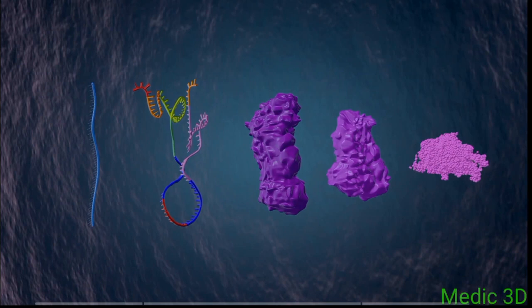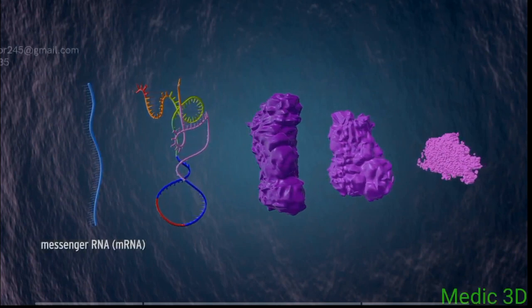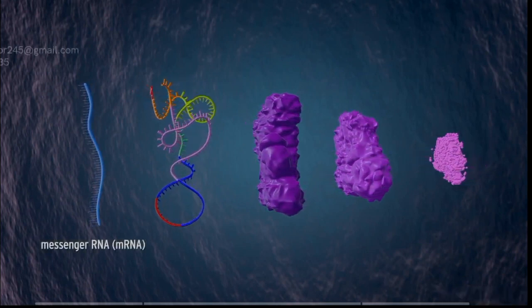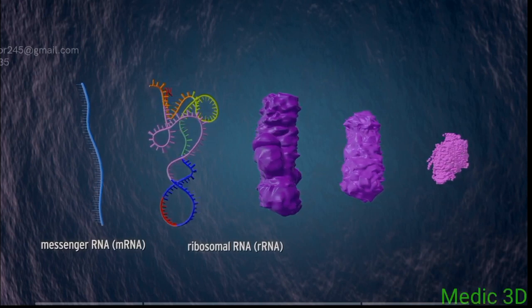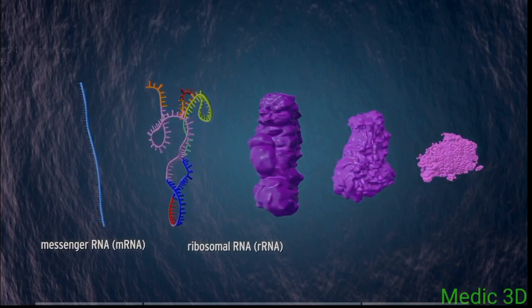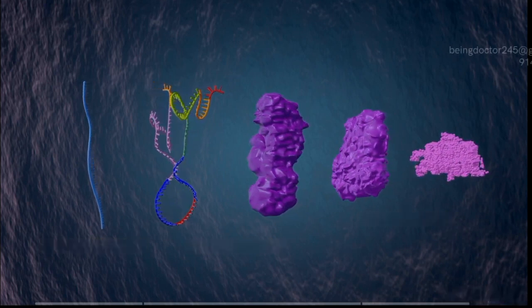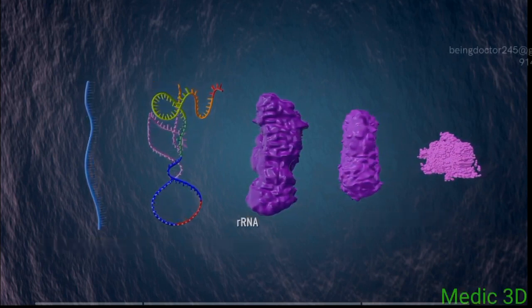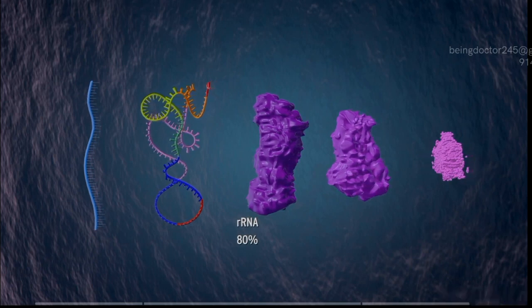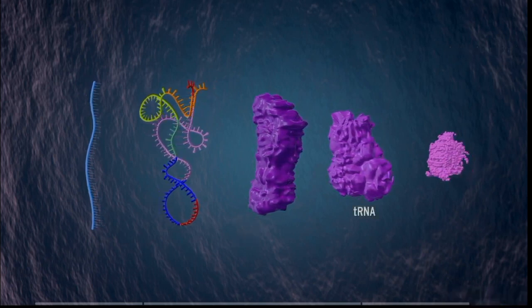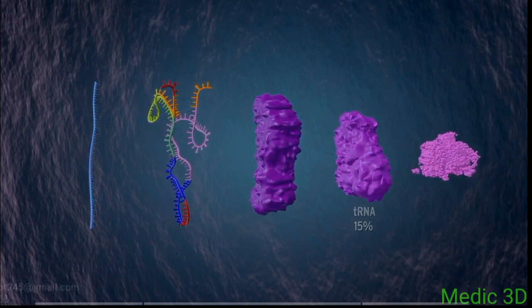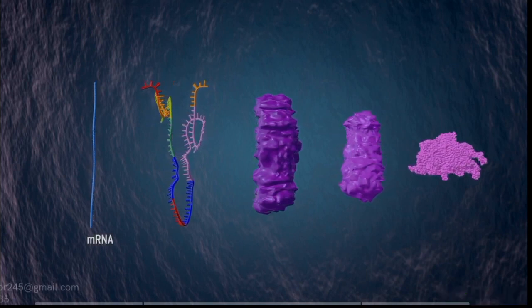There are three types of RNA: messenger RNA, mRNA, ribosomal RNA, rRNA, and transfer RNA, that is tRNA. Among these, rRNA constitutes around 80%, tRNA about 15%, and mRNA nearly 5%.